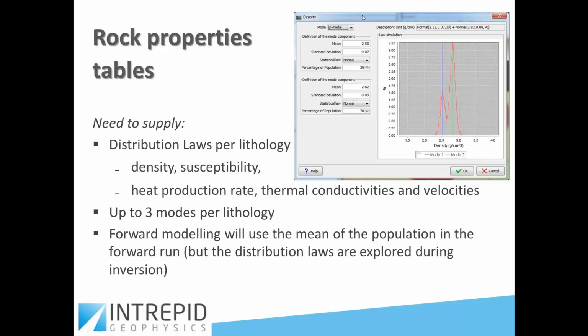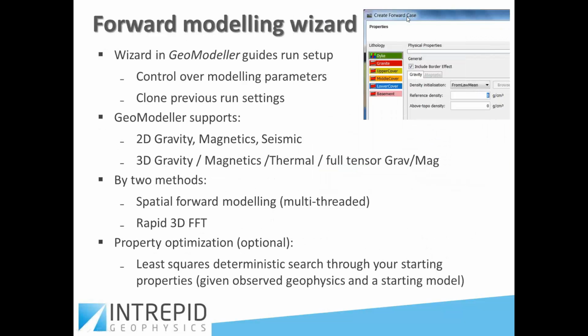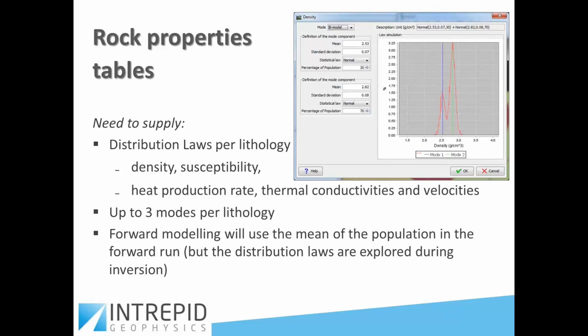If you see this top diagram here on the right hand side, it's about displaying a distribution law. What I've shown here by example is a two-modal mix, whereby the population inside one geological unit is bimodal: 30% of the population has a mean of 2.53 grams per cubic centimetre, whereas another part of the population has a mean of 2.82.